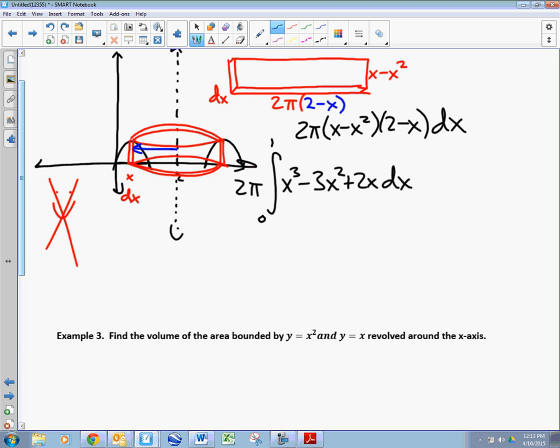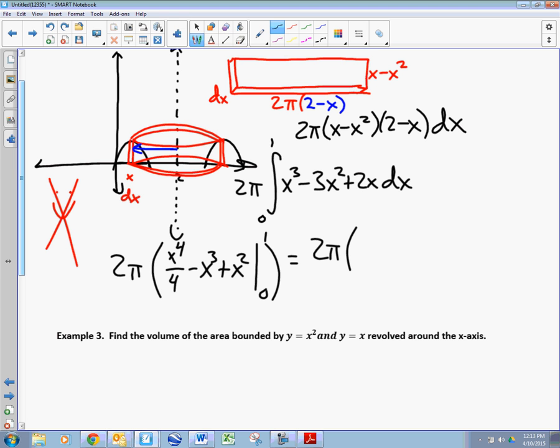Got my integral. 2 pi times, plug in 1. Minus 1 plus 1 cancels.